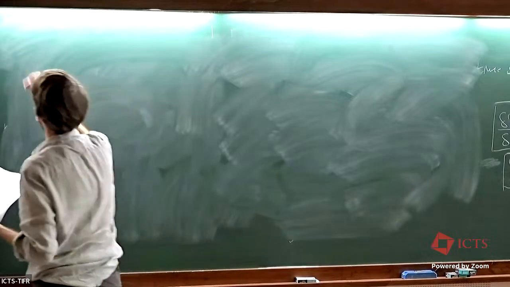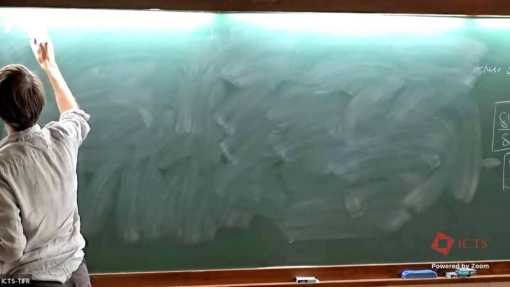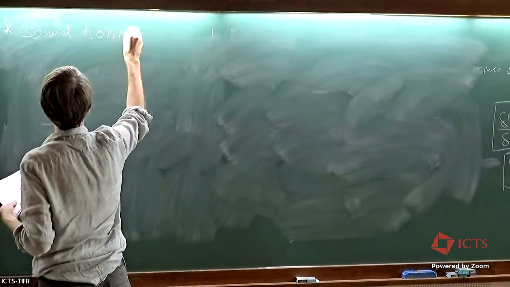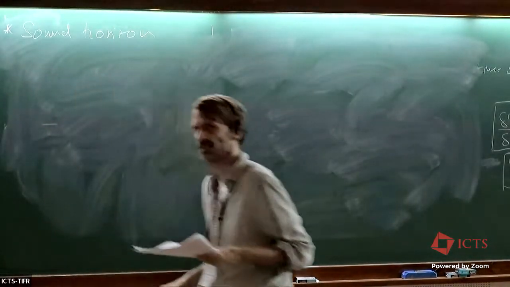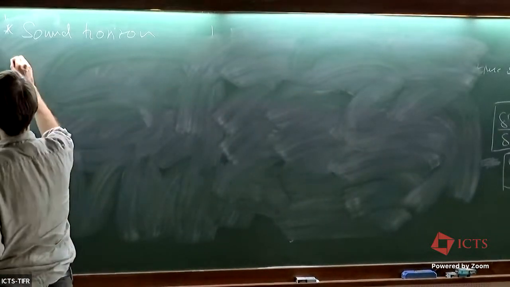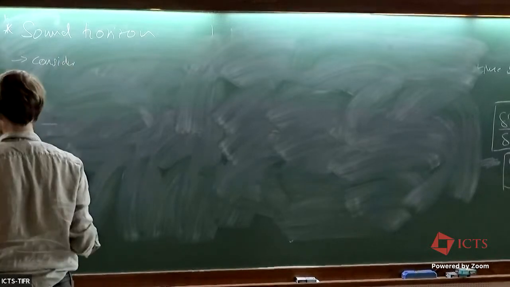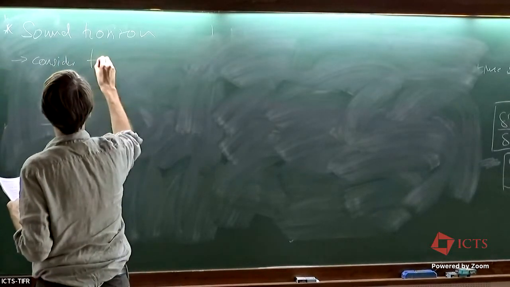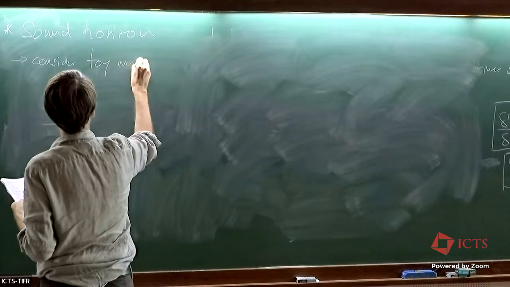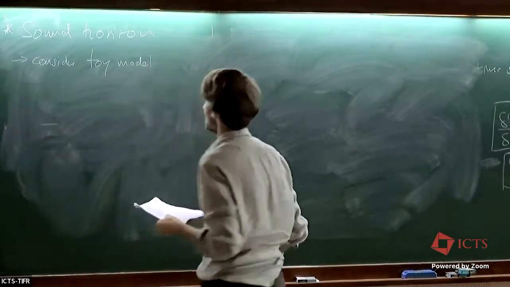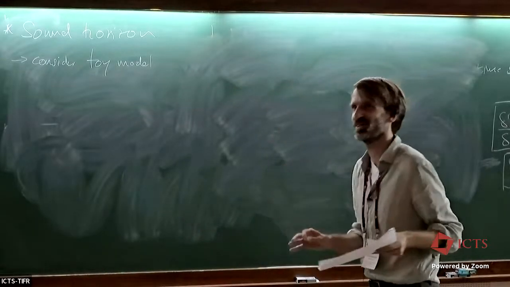So let's talk about the sound horizon. And again, you will learn more about the sound horizon in the CMB lecture, but we still need it. And for that, we consider a toy model. You will do a more realistic model in the exercises. I let you do all the hard work, actually.